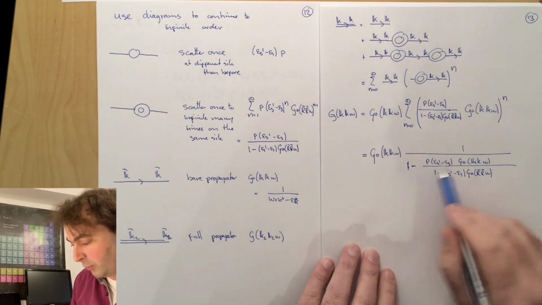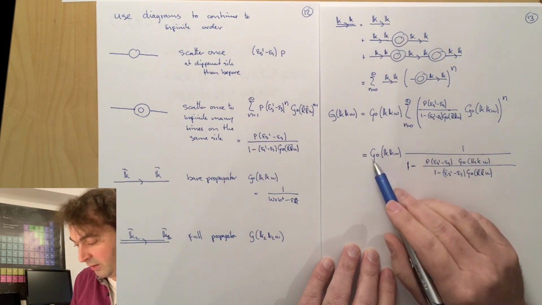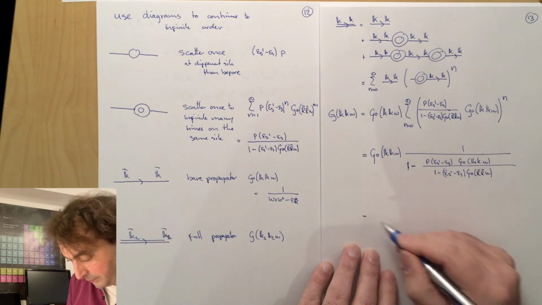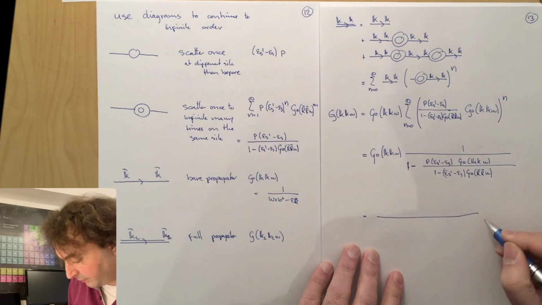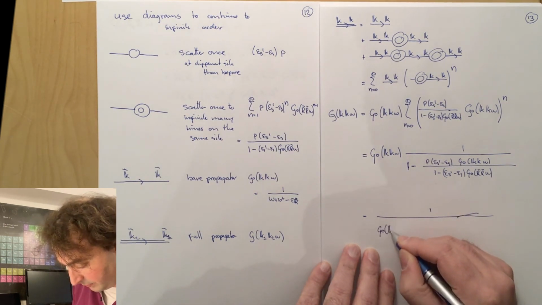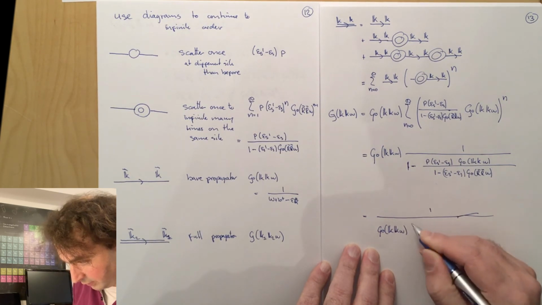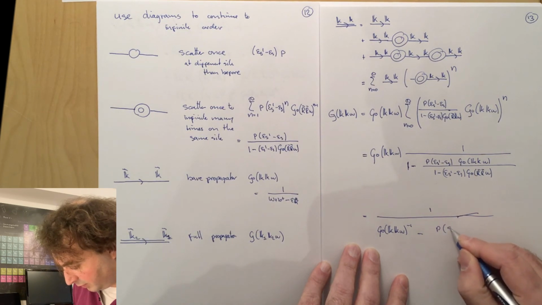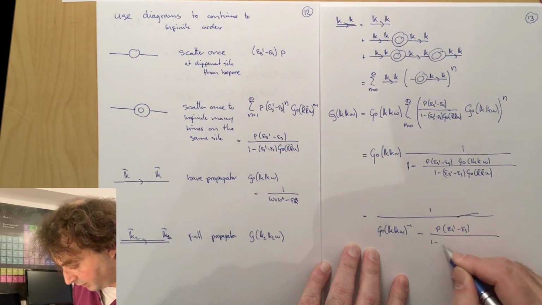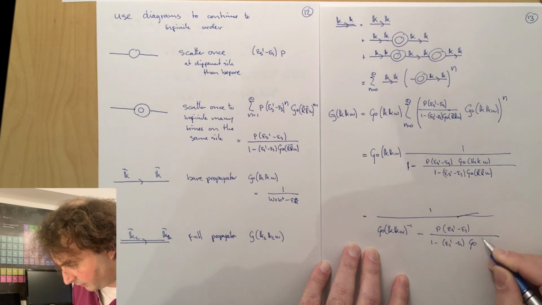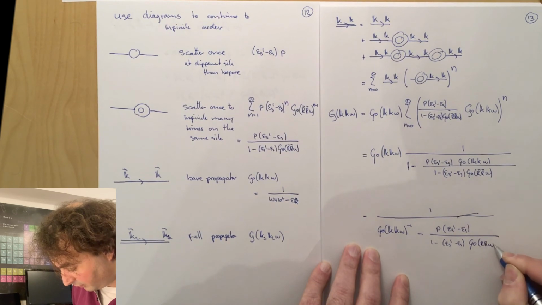And we can first of all multiply this with G0 k omega to the power minus 1, both top and bottom, such that we get 1 divided by G0 k omega minus 1 minus p epsilon s prime minus epsilon s divided by 1 minus epsilon s prime minus epsilon s G0 RR omega.